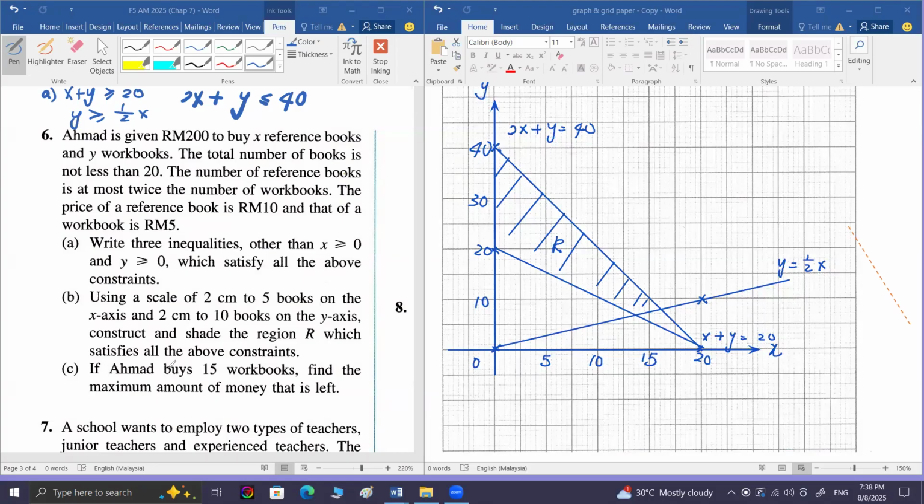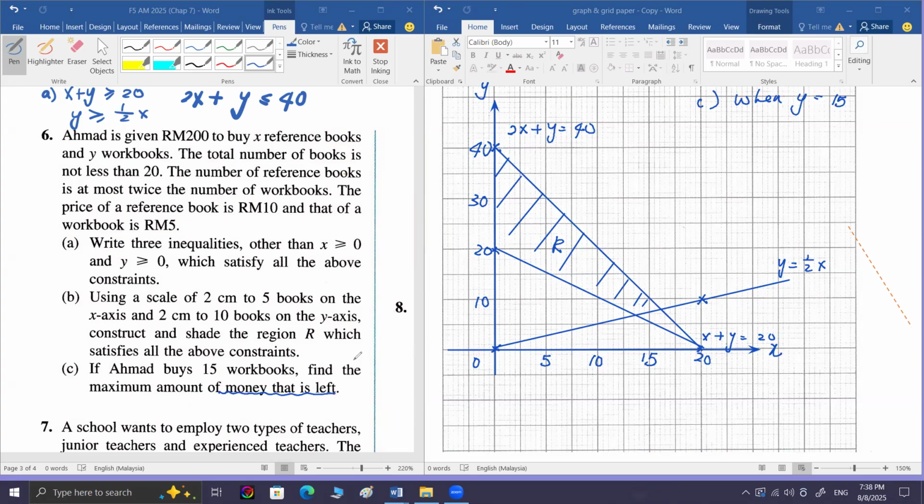If Ahmad buys, take note, 15 workbooks. The workbook is Y, so when Y is 15, find the maximum amount of money left. Class, take note.